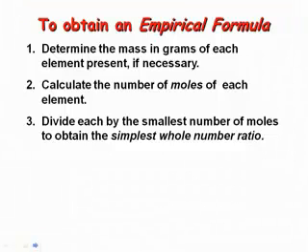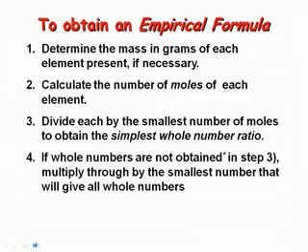Then you're going to take those grams of each element and convert them into moles. Then you're going to divide by the smallest number of moles to get the simplest whole number ratio. If you were taking a math class, this third step, they would call it normalizing. But here we're just going to call it divide everything by the smallest number.